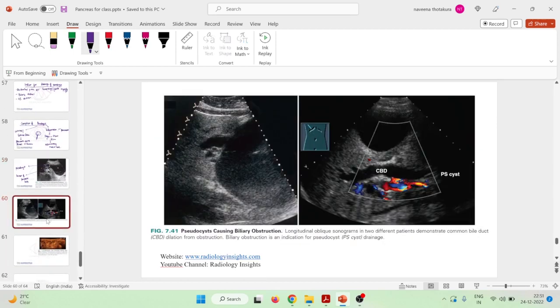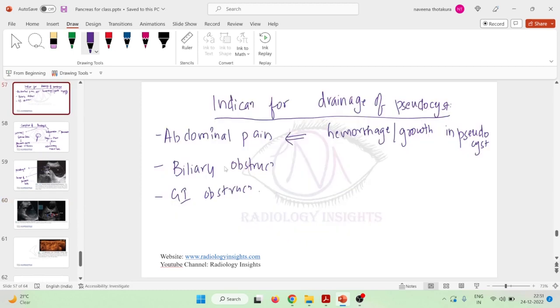In the next picture, the pseudocyst is causing CBD dilatation and obstruction. Whenever there is biliary obstruction, drainage of the pseudocyst should be done. Biliary obstruction is one of the indications for drainage of pseudocyst.